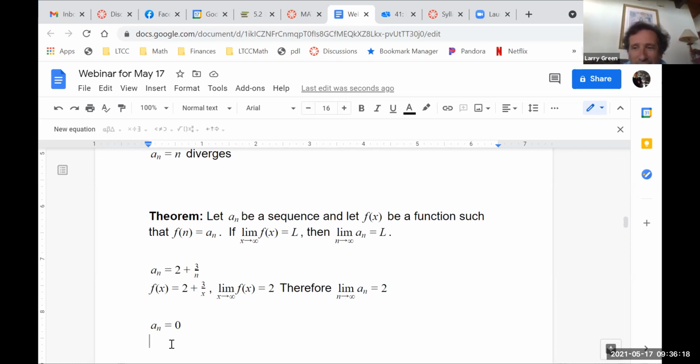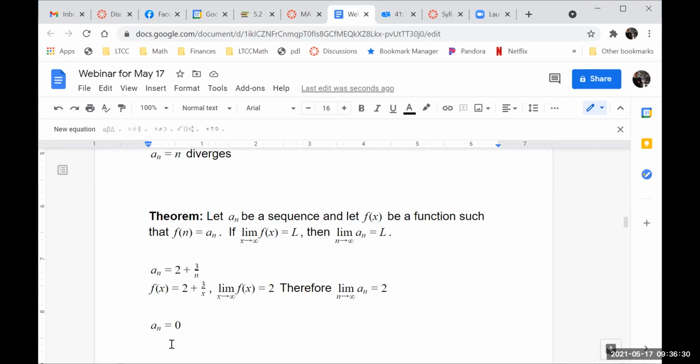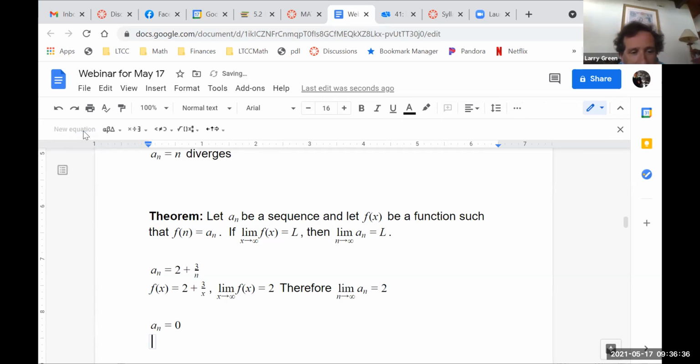If it's the sequence 0, 0, 0, 0, etc., converge or diverge? Yeah, it converges to 0 because it's always 0. Constants are easy.